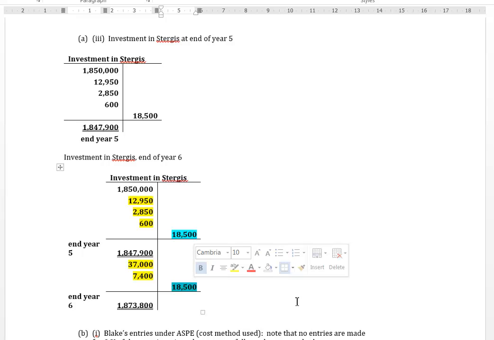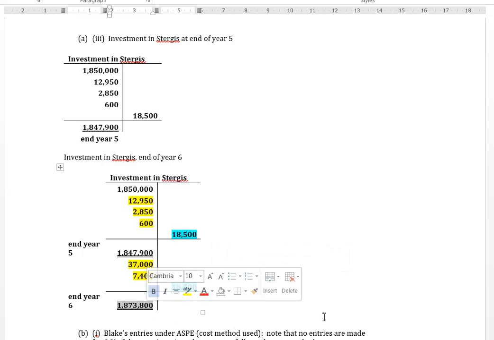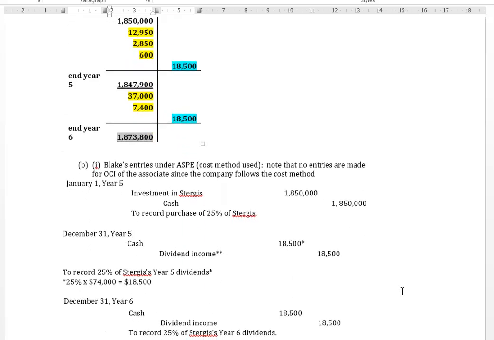So that will leave us with an ending balance at the end of the year of $1,873,800 in the investment in Sturgis account, and again it shows up as a non-current or long-term asset on Blake's balance sheet.